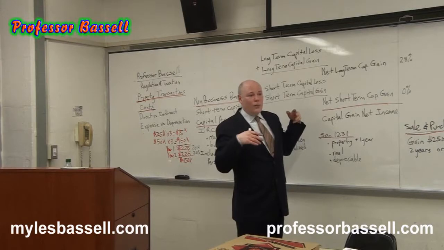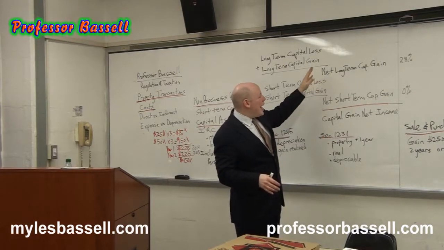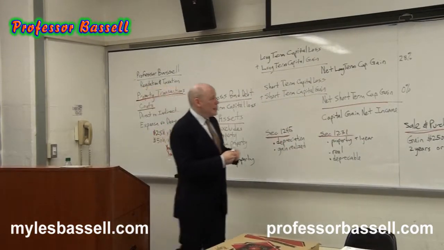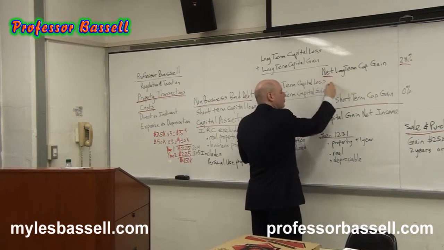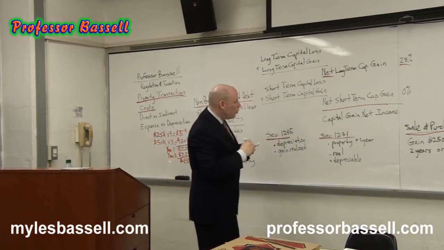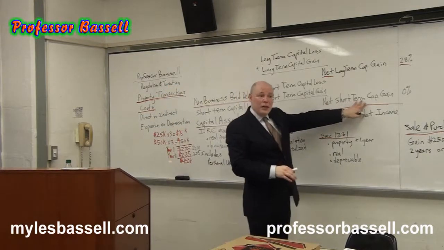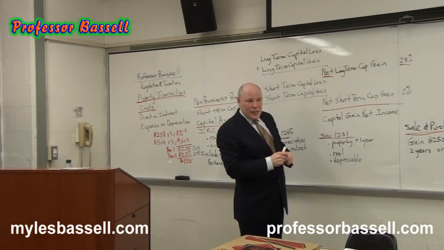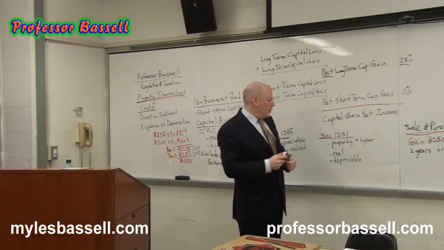Why is that so important to make that distinction? Because the net long-term capital gain is taxed at 28%. Then we're going to talk in a minute about the short-term, and this is zero. So short-term capital gain is taxed at a rate of 0%.